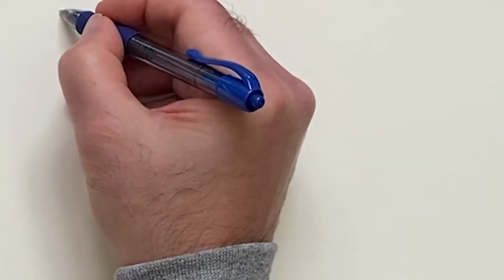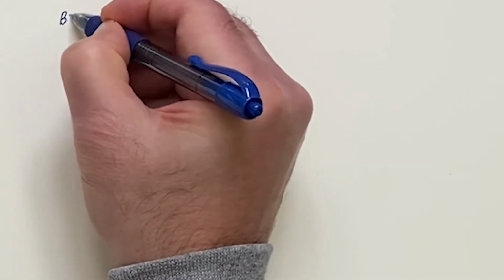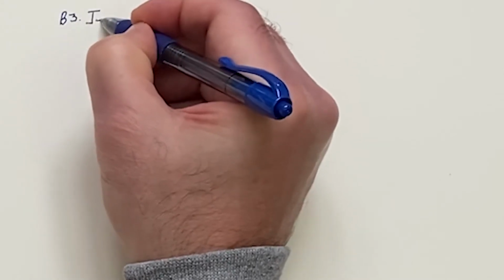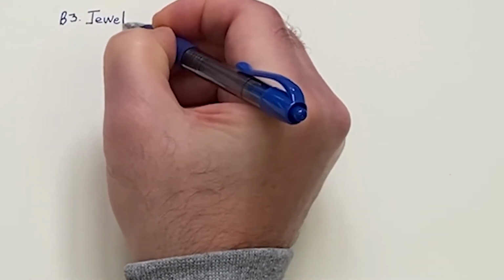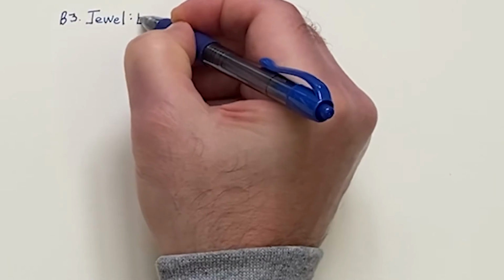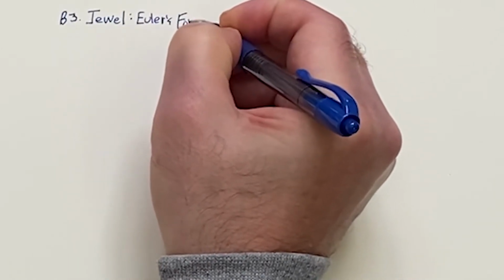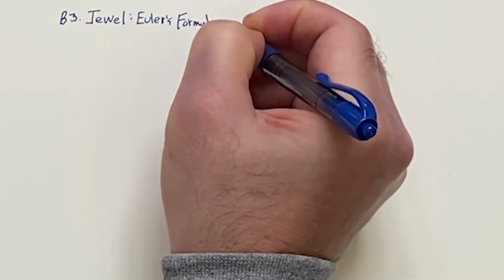Okay, so now we move on to B3, which is our joule, the joule. And the joule is Euler's formula.